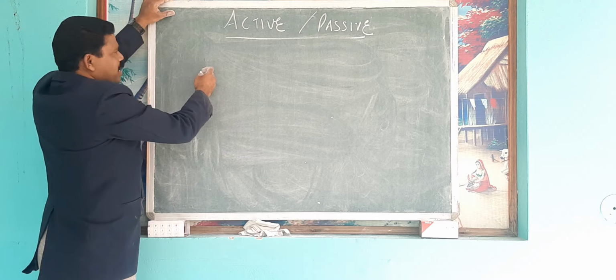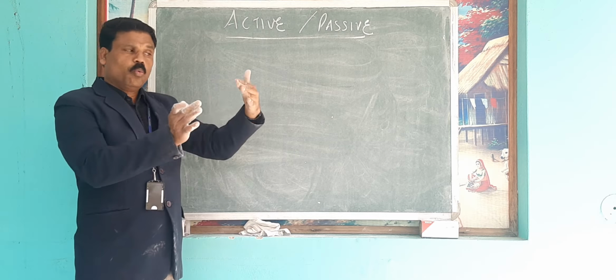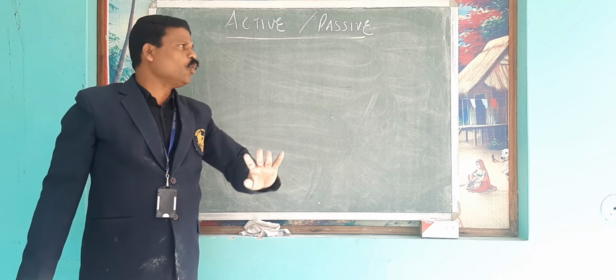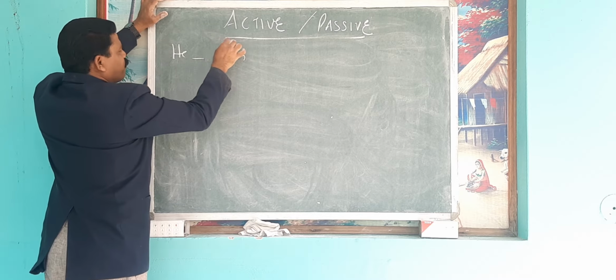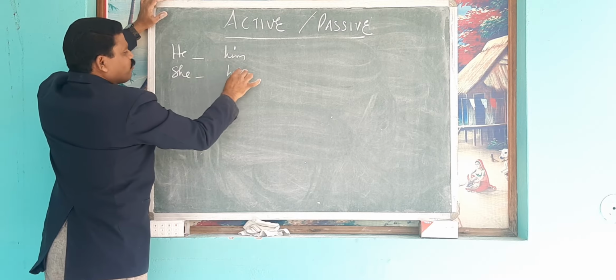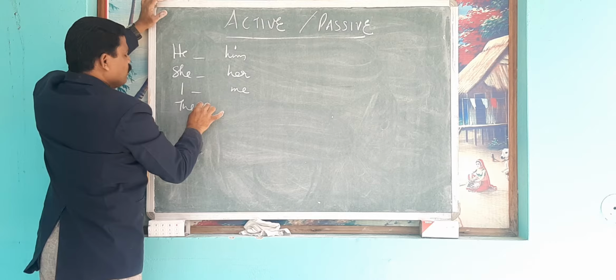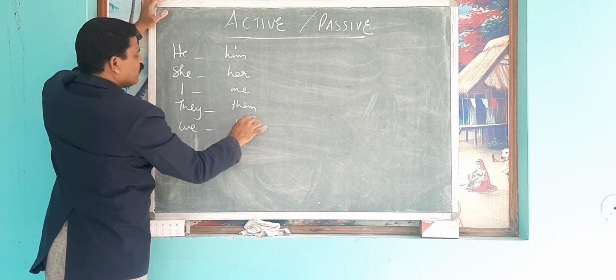So when we change the active voice into passive voice, object becomes the subject, subject becomes the object. He will be changed into him, she, her, I, me, they, them, we, us.